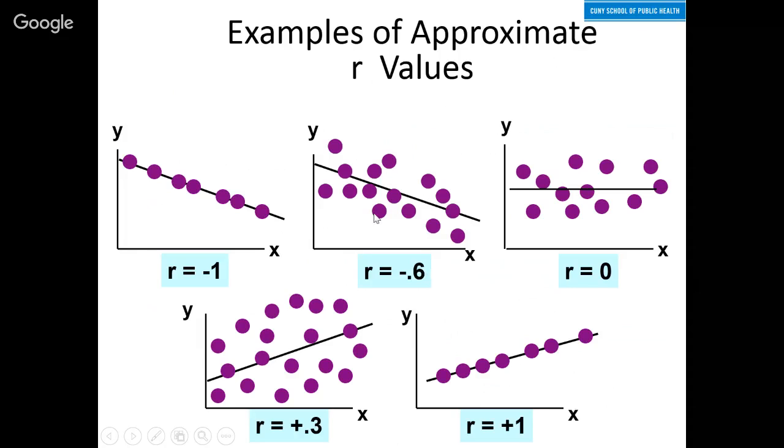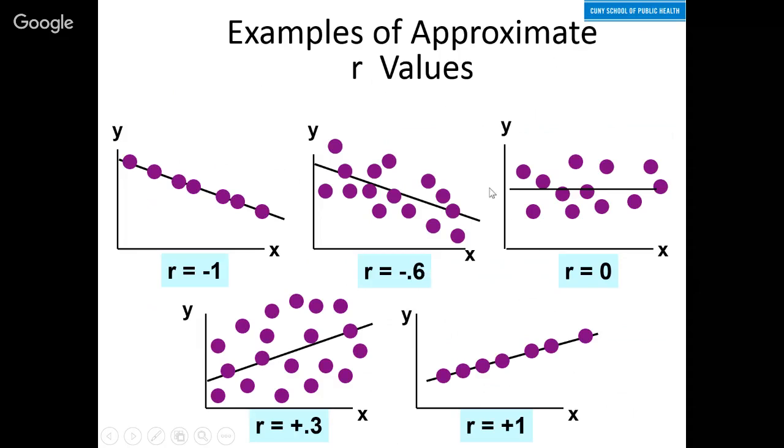An R of -0.6 looks like that much variability, so not all of the variation in Y is explained by variation in X, but more than here, where none of the variation in Y is explained by variation in X.